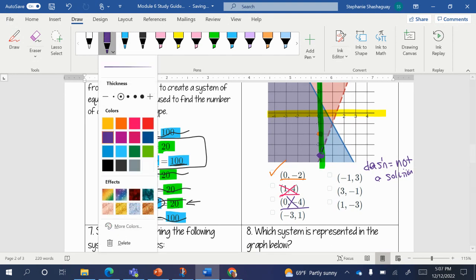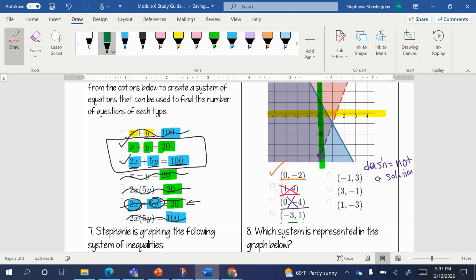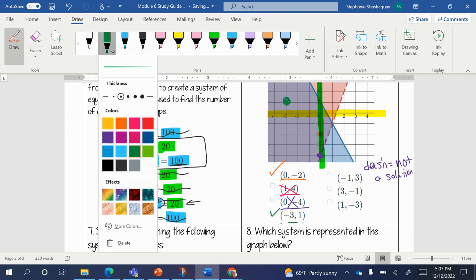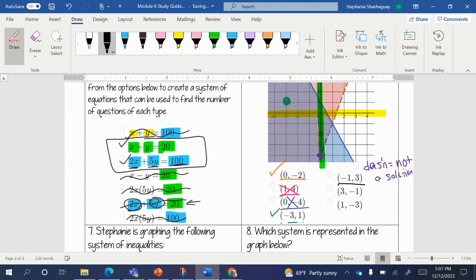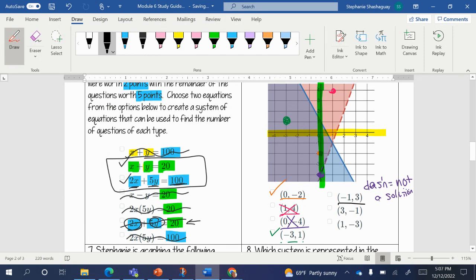Okay, now we're going to look at -3, 1. I'm right here. That is a solution. And -1, 3, oops, almost off the graph. -1, 1, 2, 3.